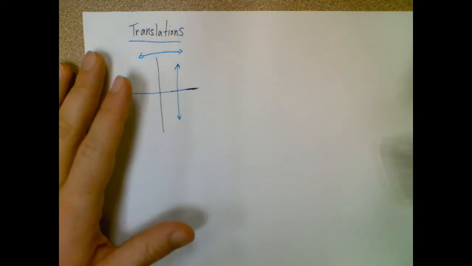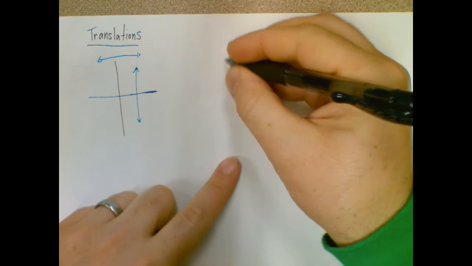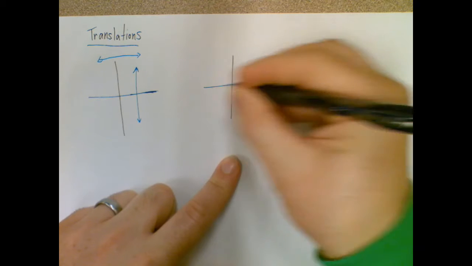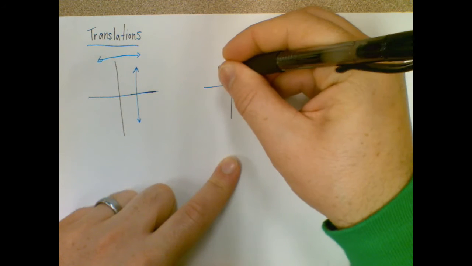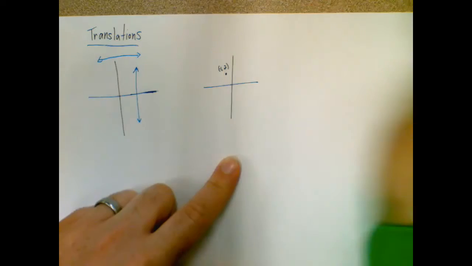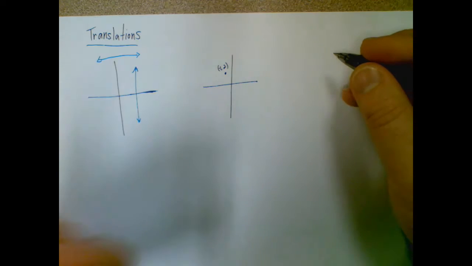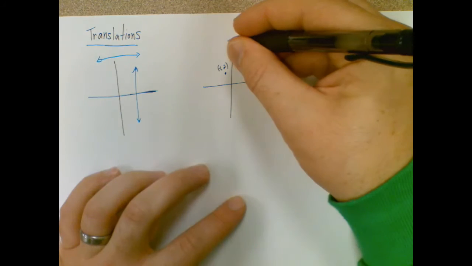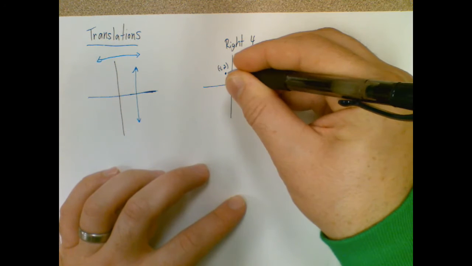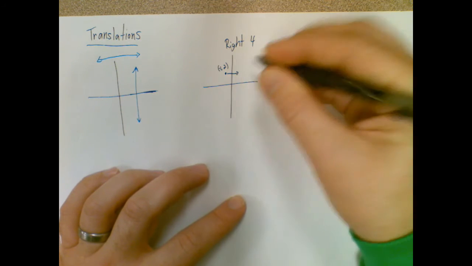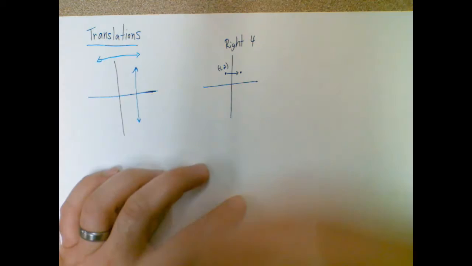Okay. So if I have a point, say I have a point here at -1, 2, then I can take that point and shift it around. So maybe I want to move it right 4, so I would take this point and move it 4 points this way, and where would that land me?